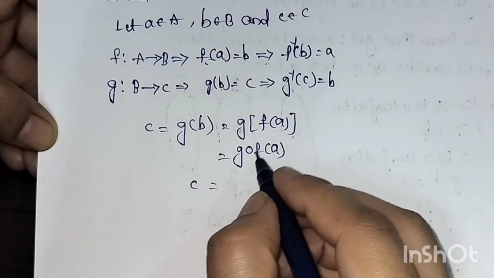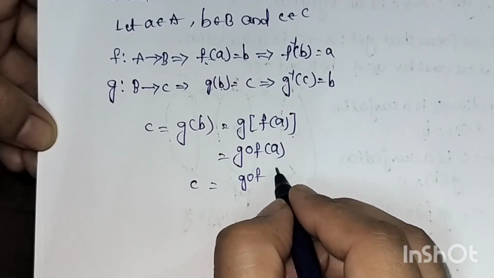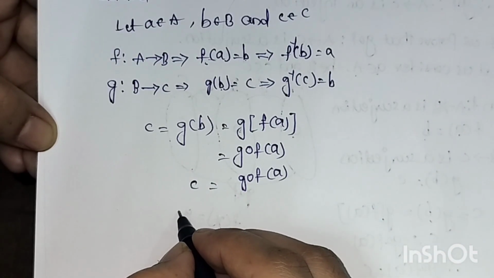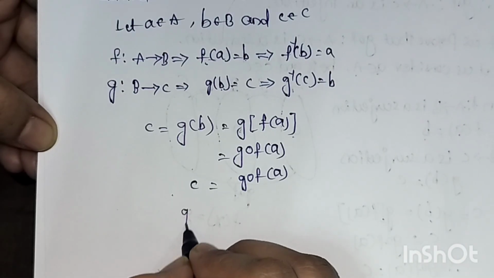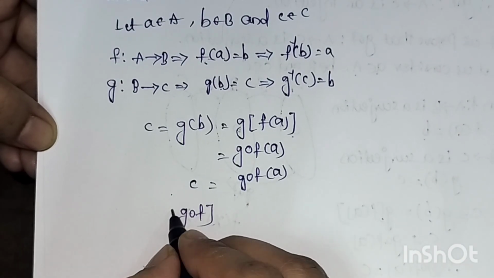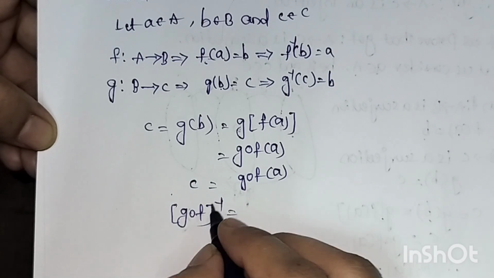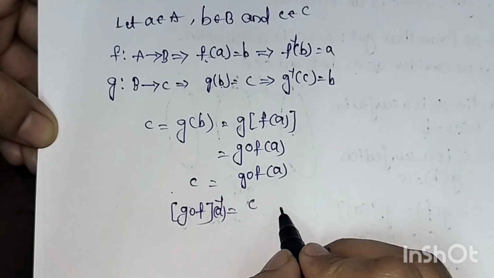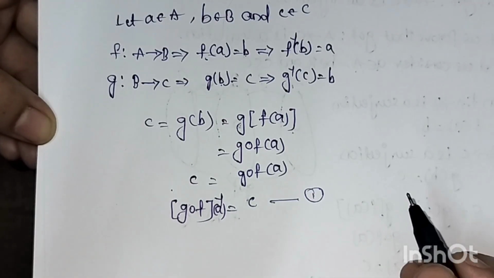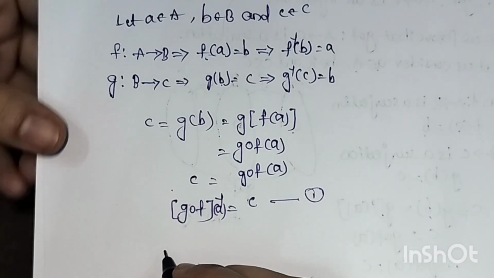So c equals G circle F of a. Taking this side, G circle F whole inverse of c equals a. This is equation 1.